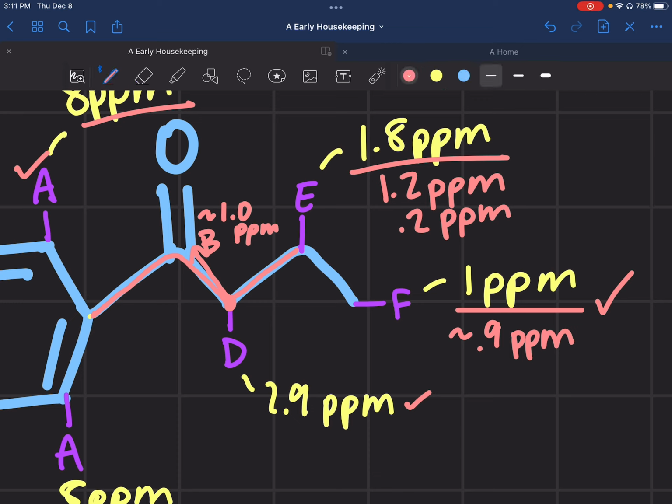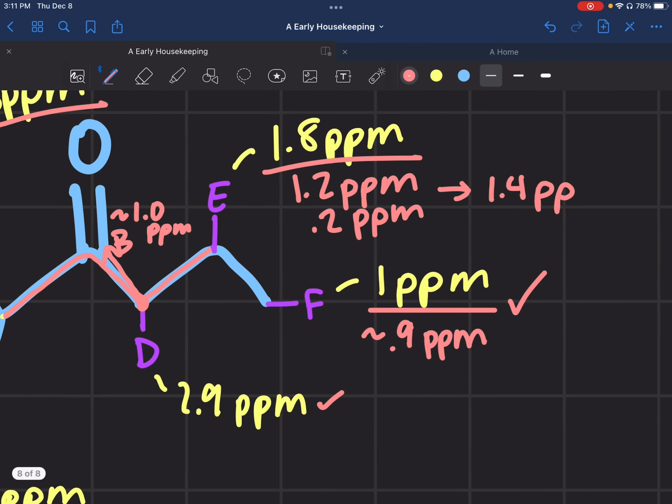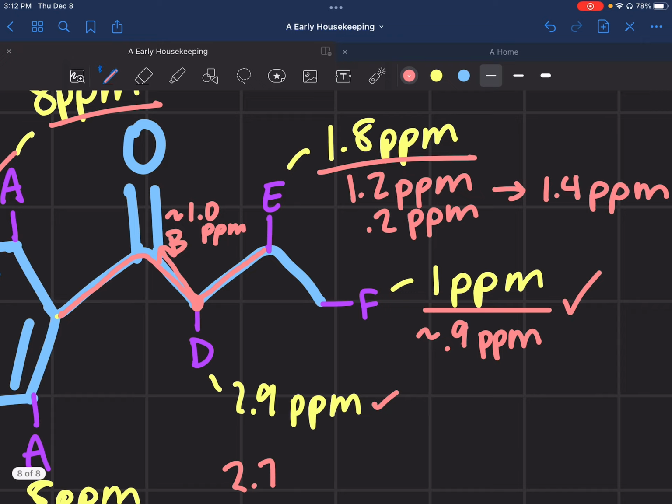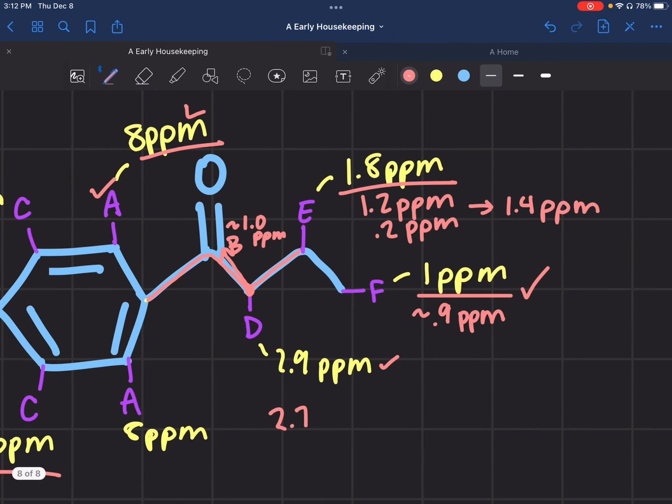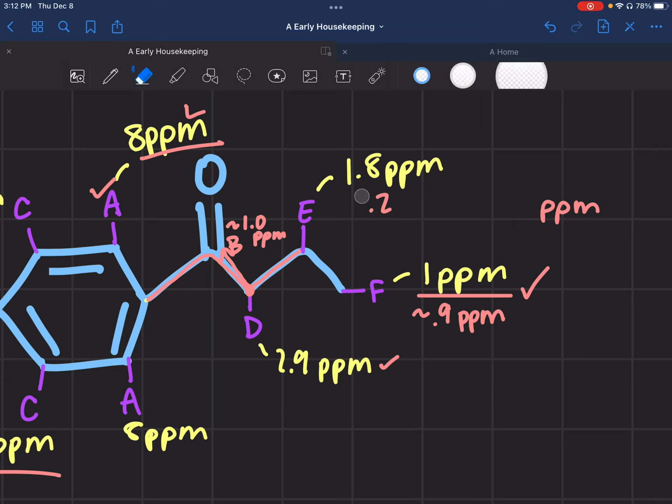So we're going to get a value of 1.4, which is lower than what is indicated here. But again, out of all the values we were able to obtain, this one we ended up getting 2.7. Obviously, this one and this one are not interchangeable. They're different enough values that you can differentiate exactly which signal came from which position.